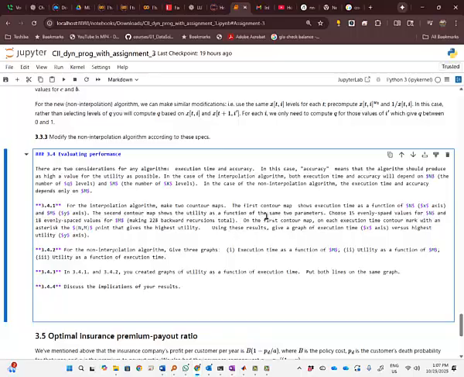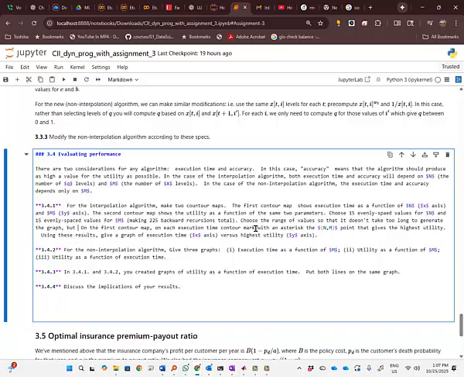Well, at the beginning, you can try small values of n and m. But you can choose these values. You'll have to judge these values. So maybe I can say, choose a range of values so that it doesn't take too long to generate the graph, but that are big enough to get good results for utility.